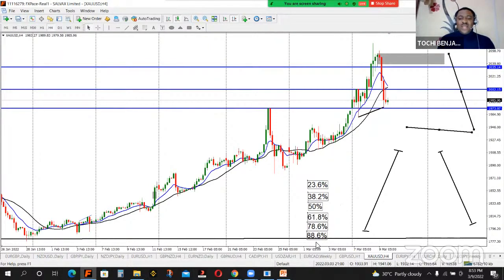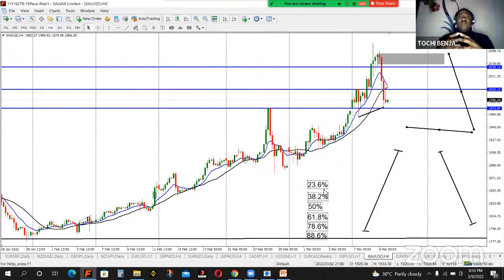But when the price gets to 88.6, it tells us that the market has done a deep retracement. And if the market has done a deep retracement, we're expecting that the market would have gathered momentum to do what? To initiate the buy. What it means is that when the market gets to 23.6, the market has gathered some traders.